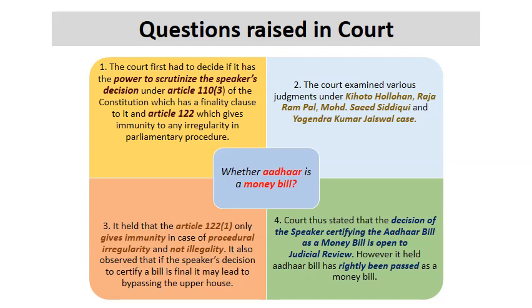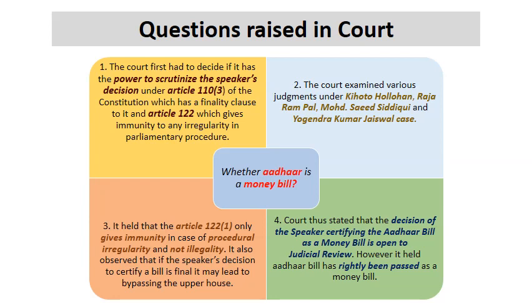Similarly, in the Raja Ram Pal case, the court argued that Article 122 only gives immunity from a procedural irregularity and not illegality. Thus, in cases where the procedure is illegal or mala fide or not according to the Constitution, the Supreme Court may intervene. Fine.